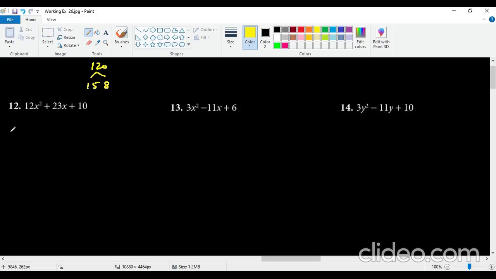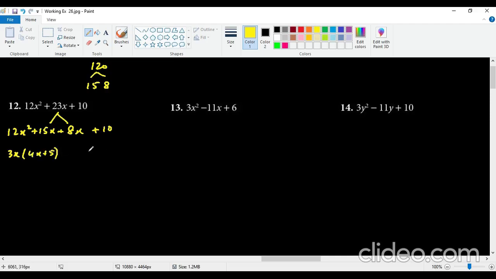Now I will write the same way. I will write plus 10 here, and I will write plus 15x and plus 8x this way. So I will split 23 in such a way to get 15 and 8, when 15 and 8 are added together to give you 23. Now in the first two terms, I can see that 3x is common, and 4x plus 5 is in the bracket.